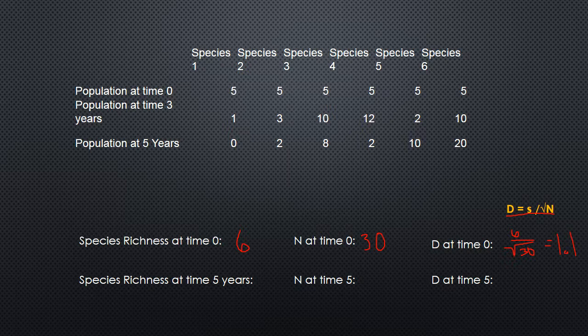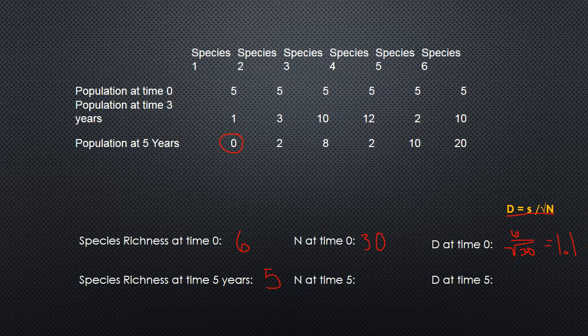Okay, so now let's go back, and now we're going to look at it at time 5. So the population at 5 years after that looks like we have lost a species here. Species 1 is gone. We don't know, maybe it had a disease that spread throughout the species. We don't know. But so now our species richness, we have 1, 2, 3, 4, 5. So our species richness has gone down.